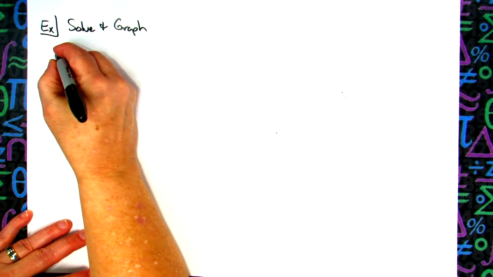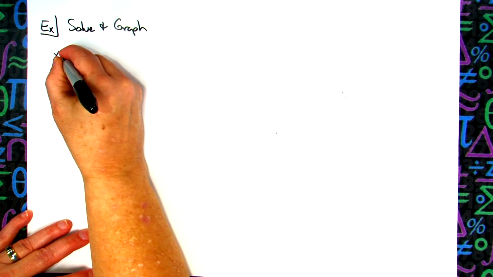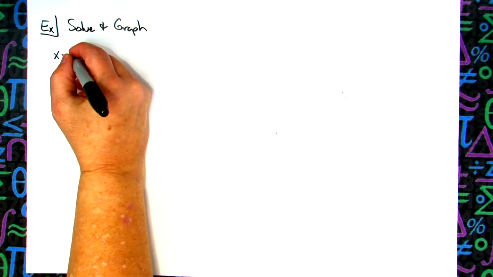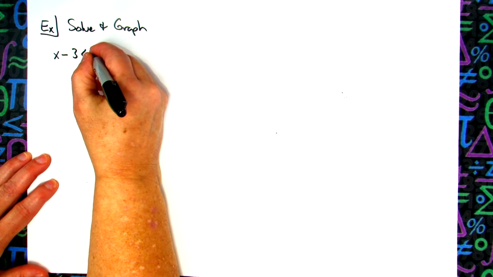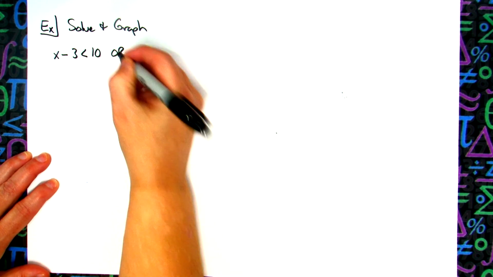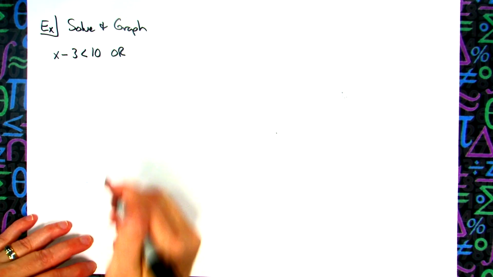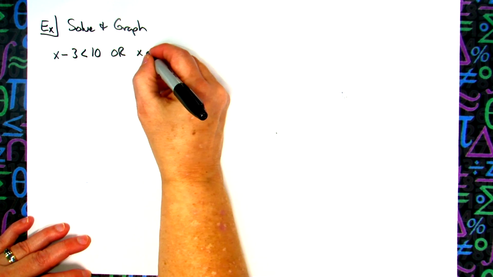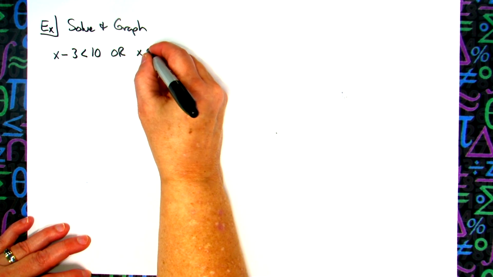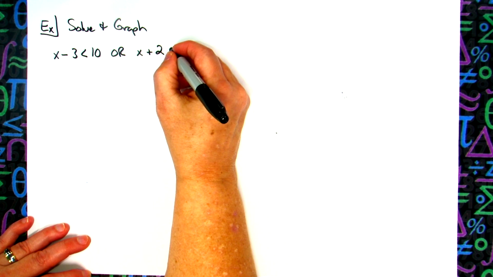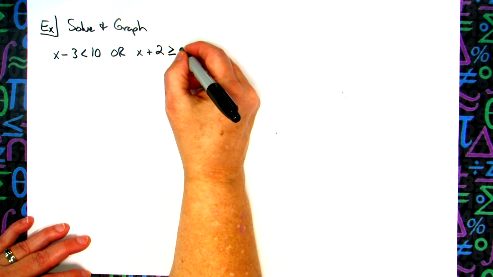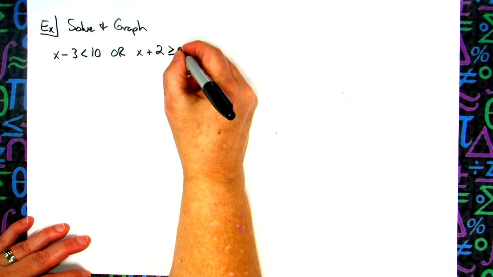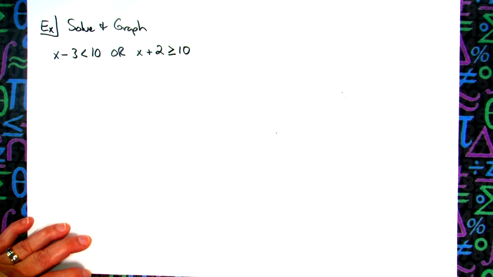All right, let's say they give you x minus 3 is less than 10, or x plus 2 is greater than or equal to 10.